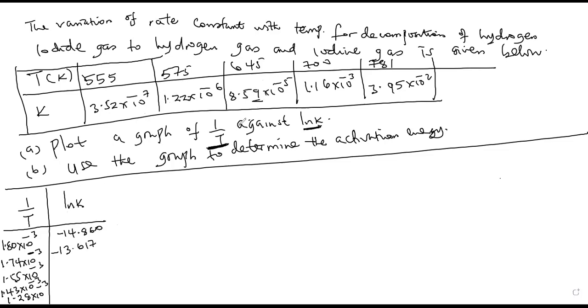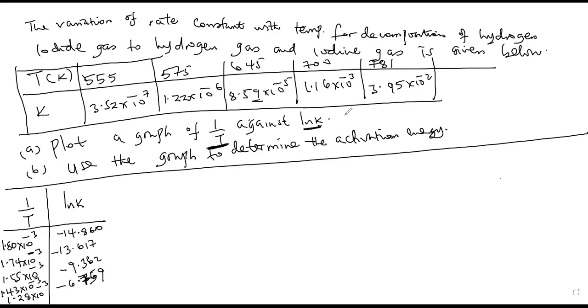When you take ln of this, it is going to give you negative 9.362. When you take ln of this, it is going to give you negative 6.759.